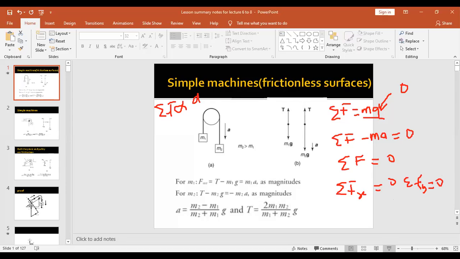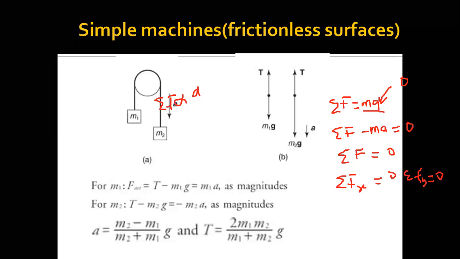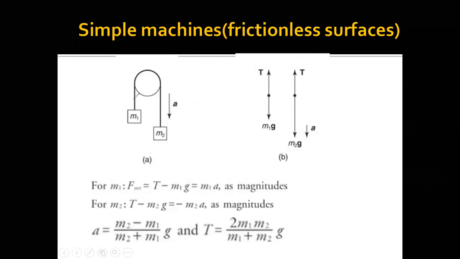Quickly, we have a simple pulley system on our screen which we want to examine. Now anytime we are given systems like simple pulleys, what we do is first consider the forces on one side of the region. So you can look at it like this. We split it into 2 halves.